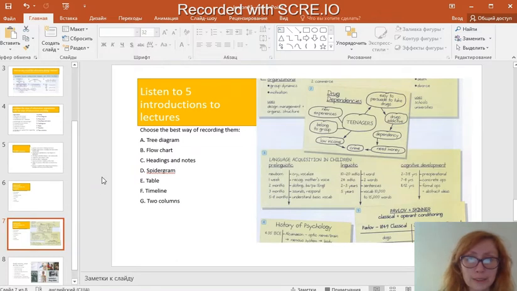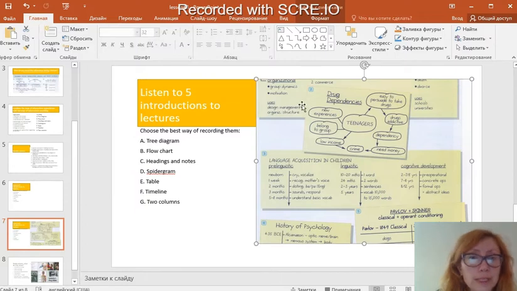Now take a look at the possible answers. Like the first lecture, they were speaking about different types of psychology, different branches of psychology. They have used at the first, like, it's not vivid, but they have used the tree diagram.